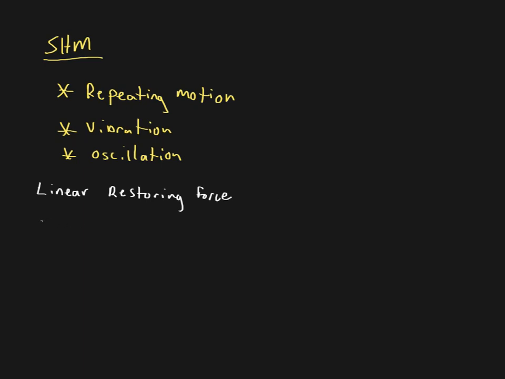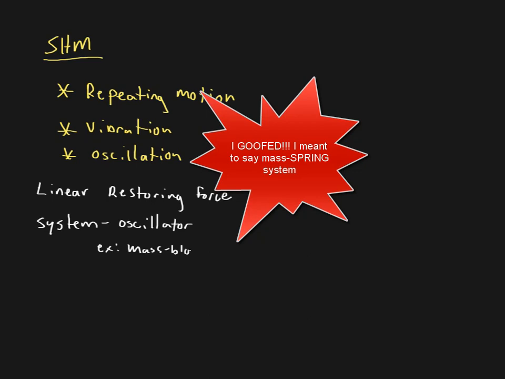If you refer to the system, it is sometimes called a simple harmonic oscillator. Okay, so the system is a simple harmonic oscillator. And examples of that would be, for example, a mass block system.